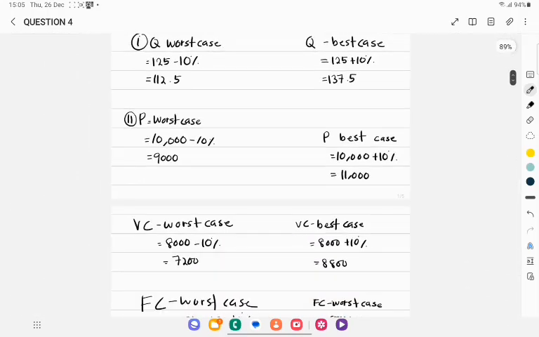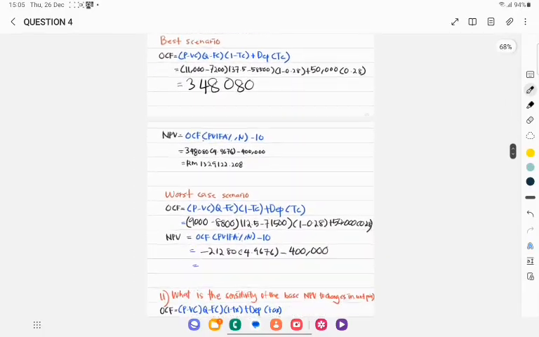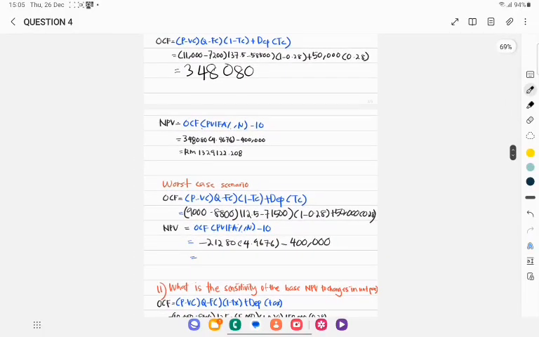Next, we move to calculate the worst case for the OCF. So for the OCF, the formula is P minus VC multiply Q minus FC multiply 1 minus tax rate plus depreciation multiply tax rate.